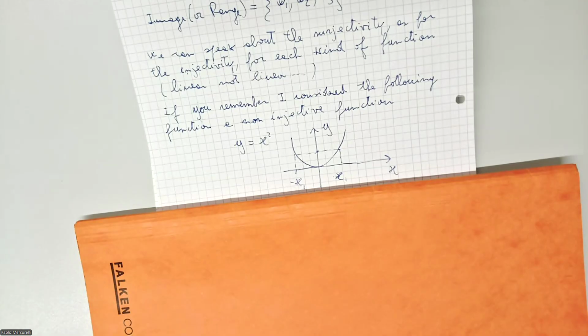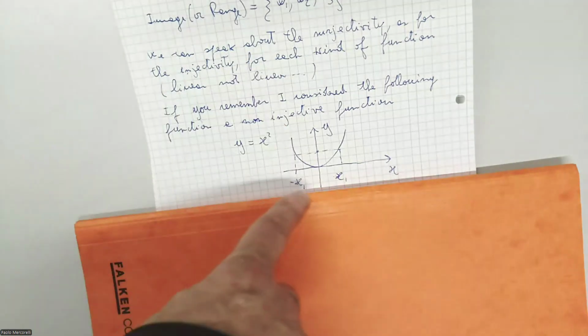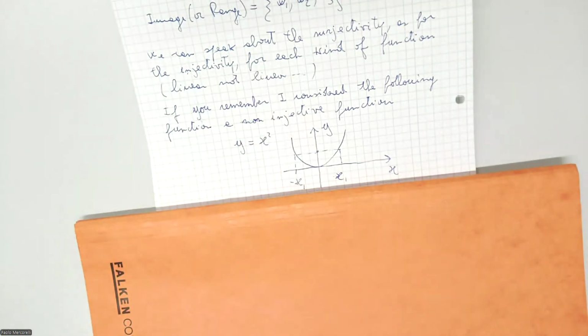Yes or no? It is difficult to see, in your opinion. It's not surjective because the codomain is the y-axis, and we cover just the positive y-axis. This means just a part of the codomain.